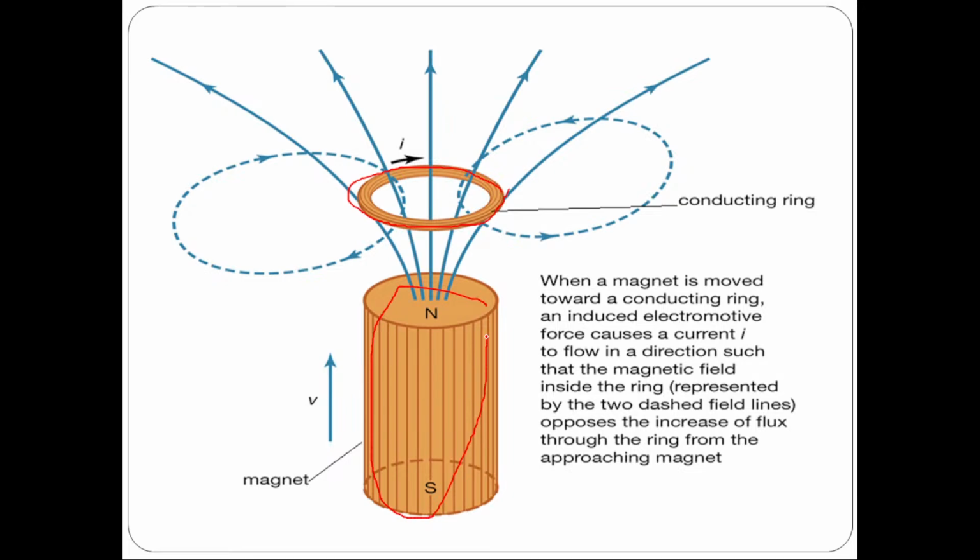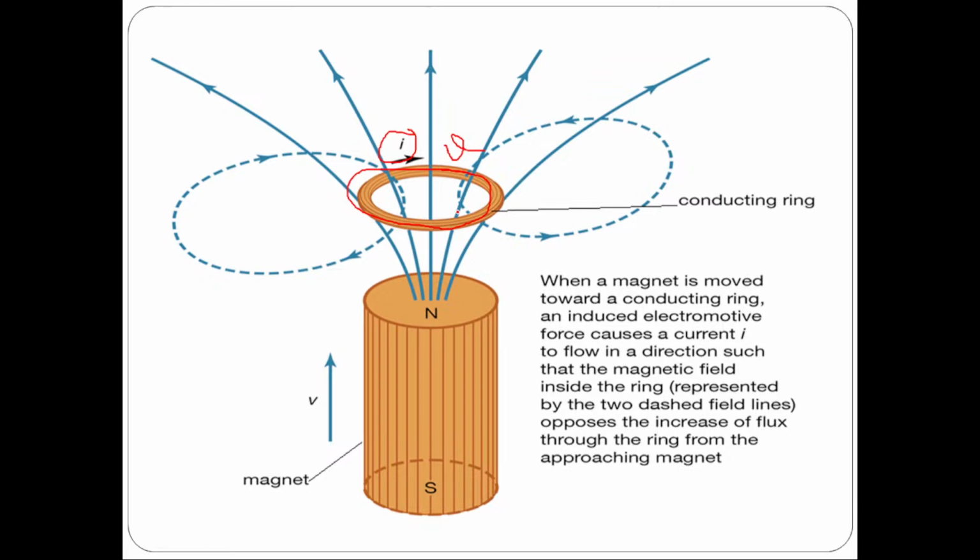Now when current is flowing, we know when a current carrying conductor is there, flux will be induced around the conductor. So that induced flux is this. If you carefully observe the direction of the flux lines, their direction is like this.